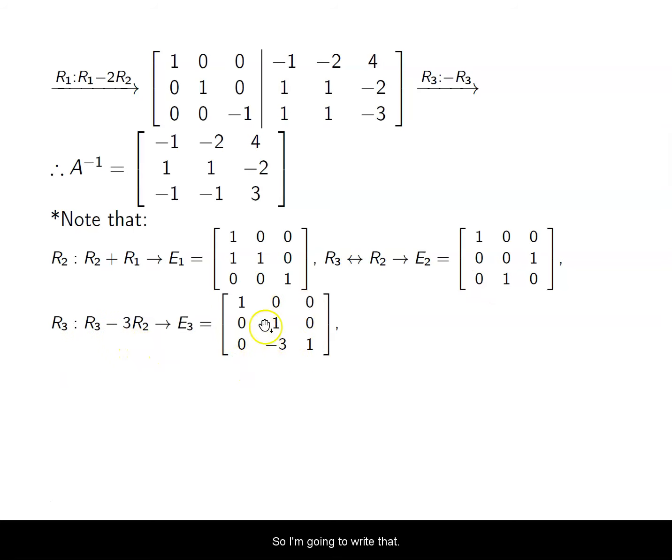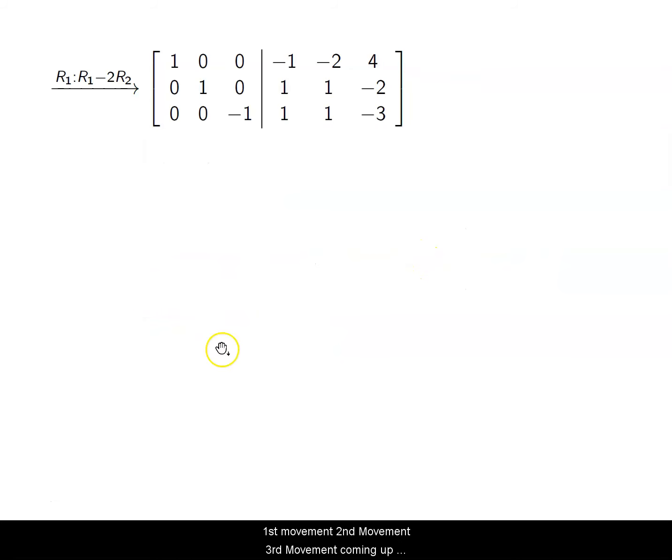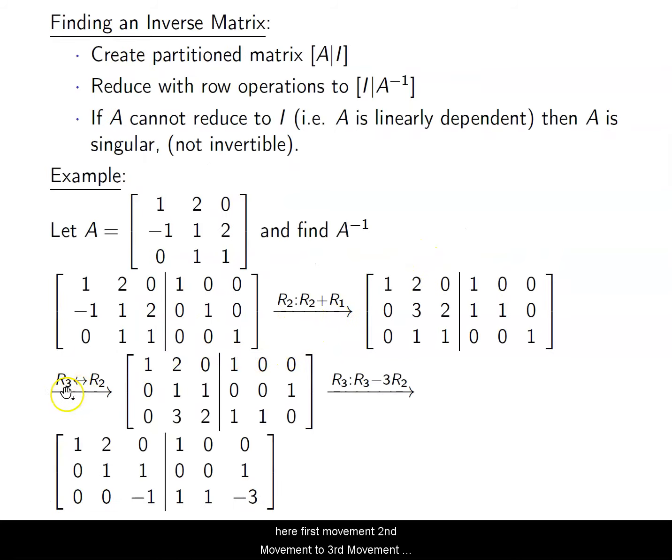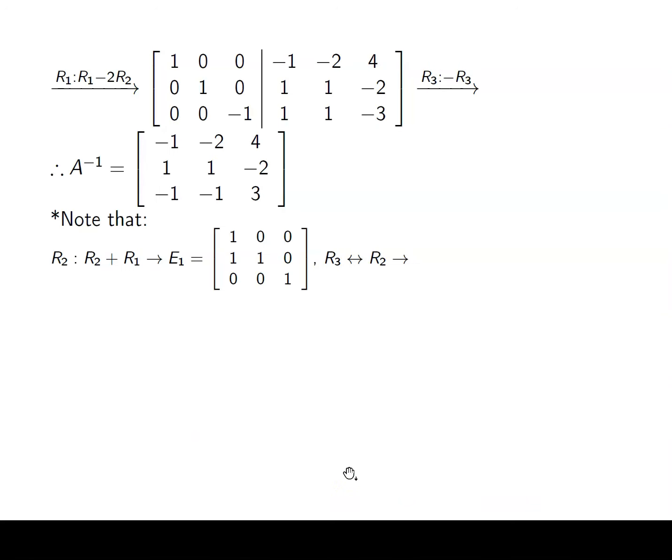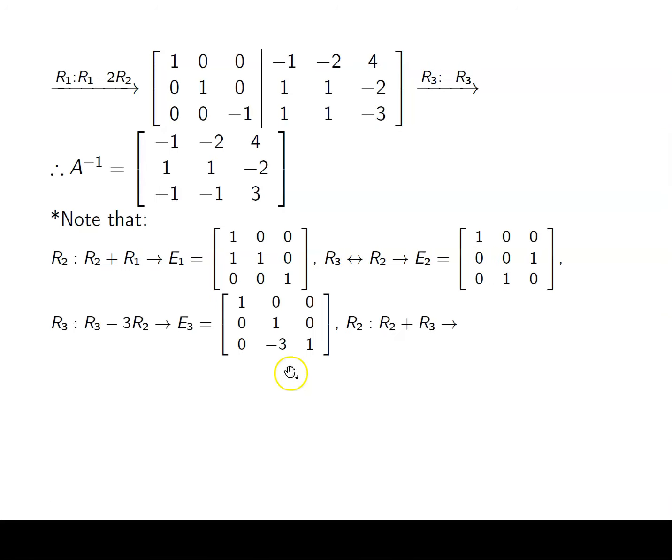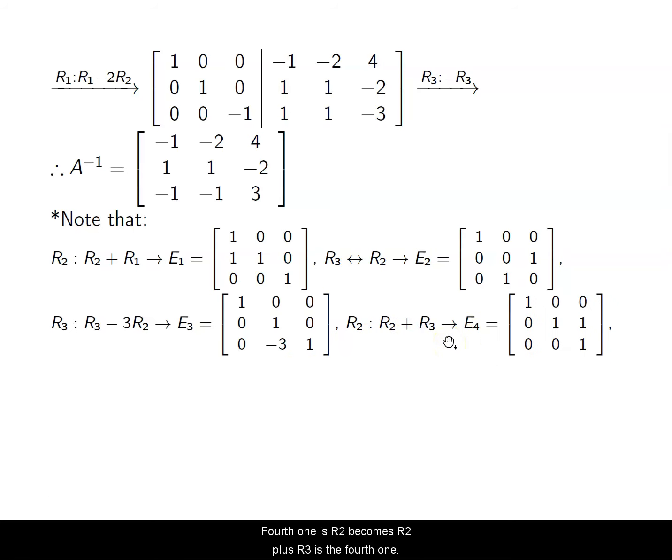So I'm going to write that elementary matrix. I'm going in order: E1, E2, E3. The first movement, the second movement, the third movement. If we come up here, first movement, second movement, third movement. The fourth one should be R2 becomes R2 plus R3.